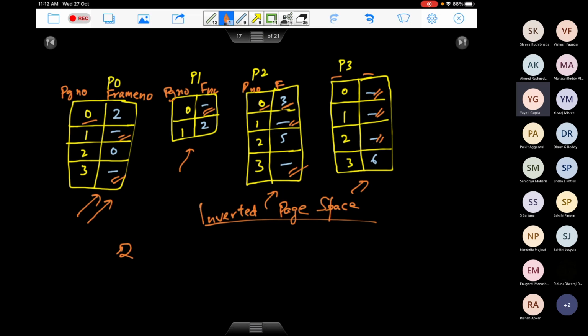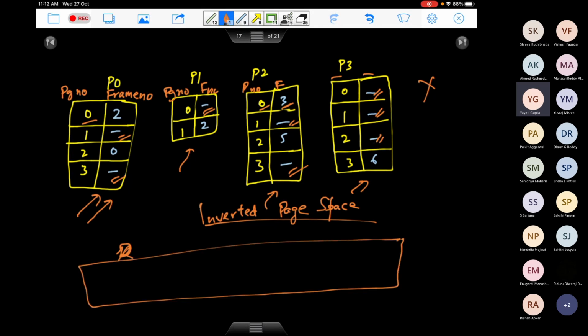So the idea is, instead of having a per process page table, you have a big global inverted page table. Corresponding to each frame of the memory, it will hold what particular virtual address you are referring to. Let's say frame 0 of the memory is mapped to virtual address 2 of process 0.